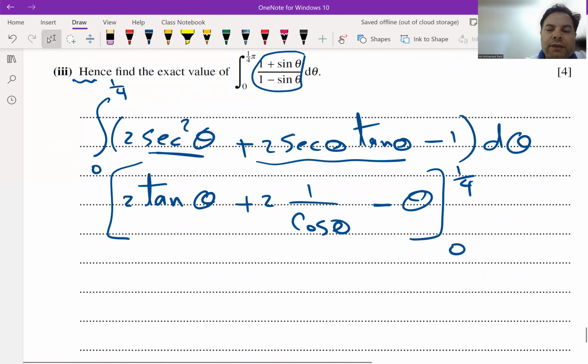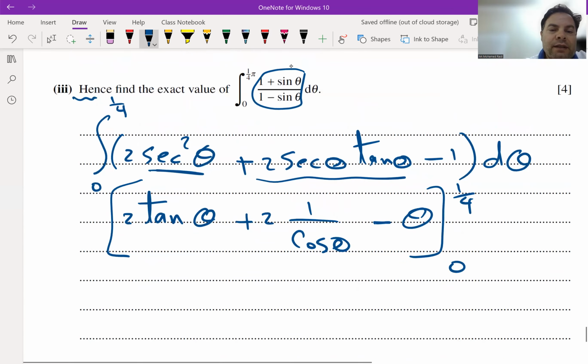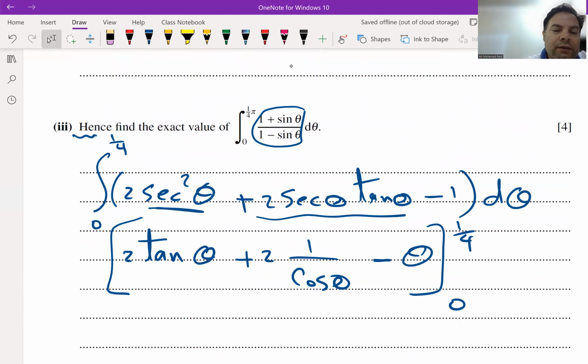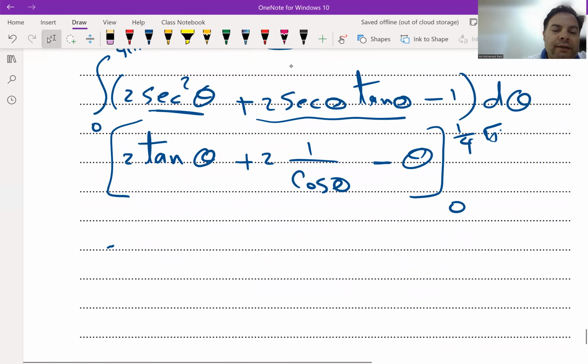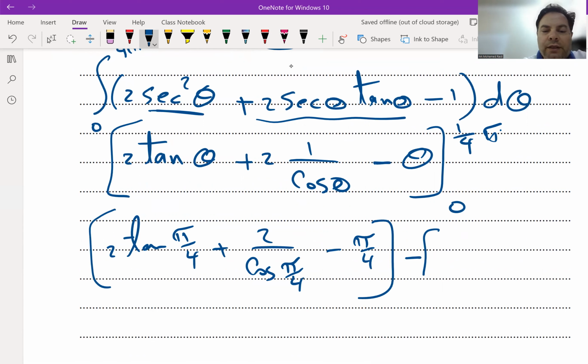Start to use your calculator in radian mode. Write theta as pi over 4. So 2 tan pi over 4 plus 2 over cosine pi over 4 minus pi over 4, then minus 2 tan 0 plus 2 over cosine 0 minus 0.